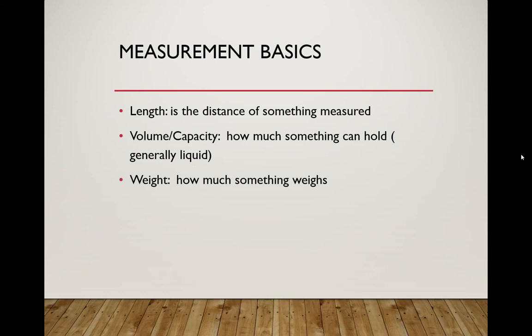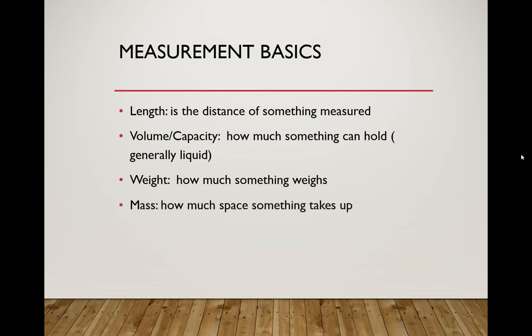Weight is how much something weighs. And the thing about weight is it's different than mass, and we're going to get more into that. So when we talk about weight on the planet Earth, weight and mass are the same things, but once we leave Earth, they're two completely different things.